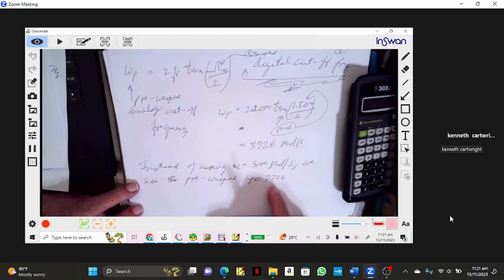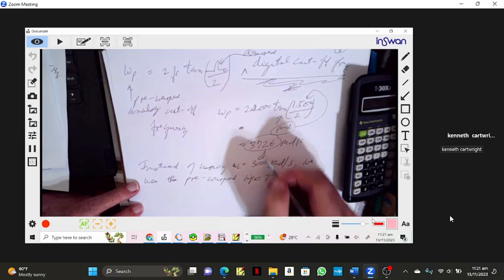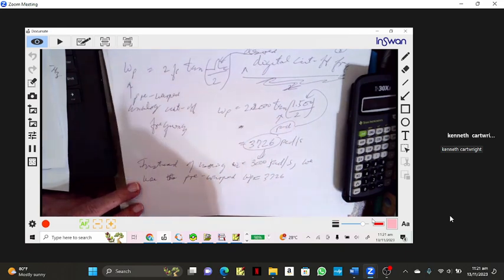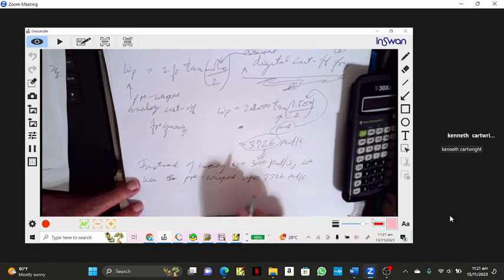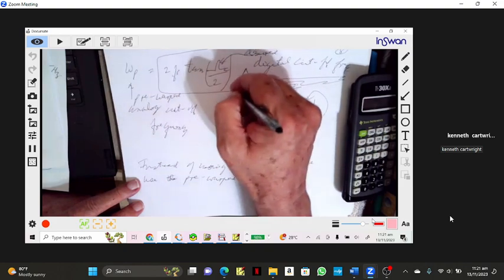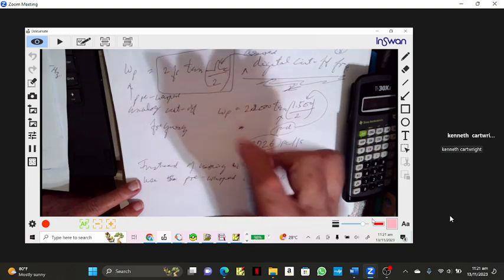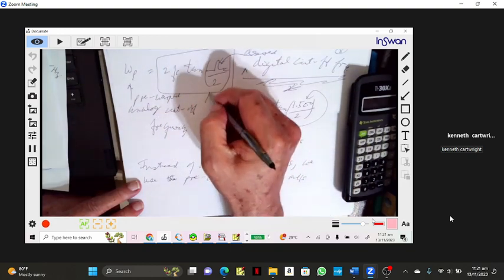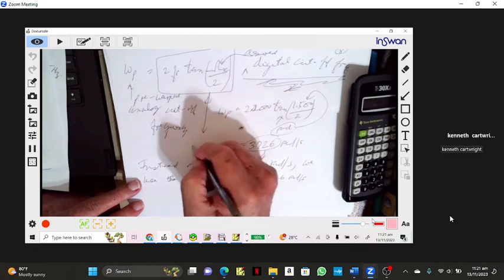And the pre-warp is always going to be larger than the initial analog cutoff frequency, always larger. In other words, that term there is always larger than omega c.